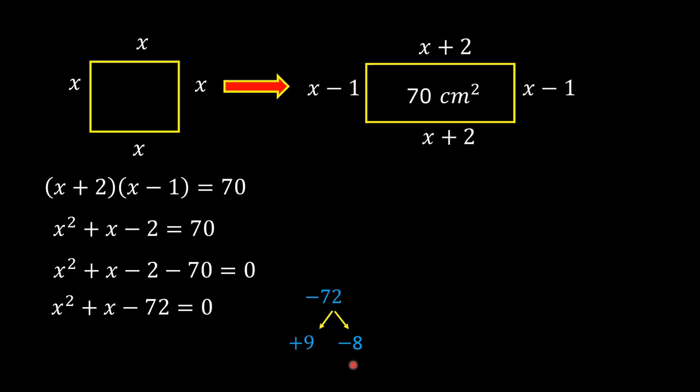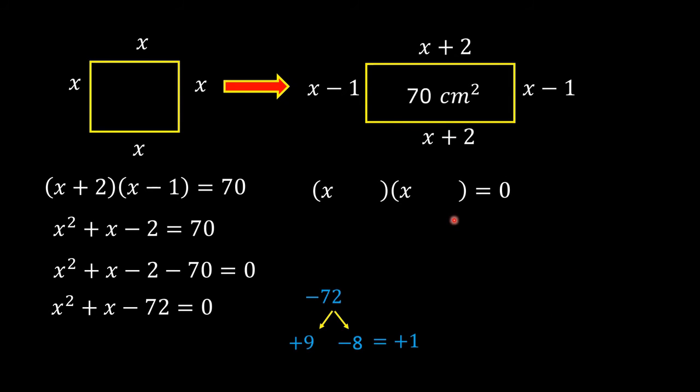Positive 9 times negative 8 is negative 72. Positive 9 plus negative 8 is positive 1. Positive 1 is equal to the coefficient of x, which is understood to be 1.